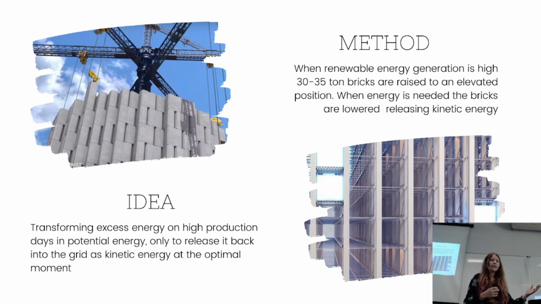The other is like a pile of bricks that are slowly built into a tower. Then when the energy is low, you can release these bricks and lower them back to the ground, and this will release kinetic energy. In the elevator, they go back to the ground using gravity force, and in the other, the tower itself unbuilds these bricks and lowers them to the ground.